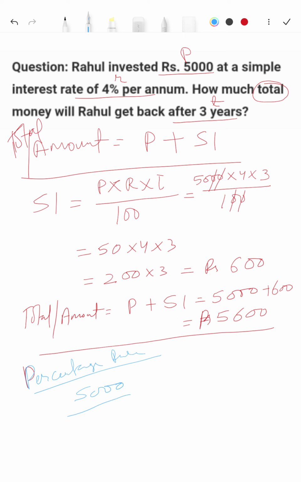So just divide by 100 into 4, which will be 200. This 200 is for 1 year. Multiply with 3, you have got 600. Now amount equals principal plus SI, which is equal to 5,000 plus 600, which is equal to 5600 rupees.